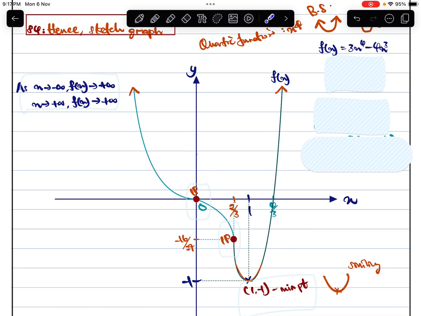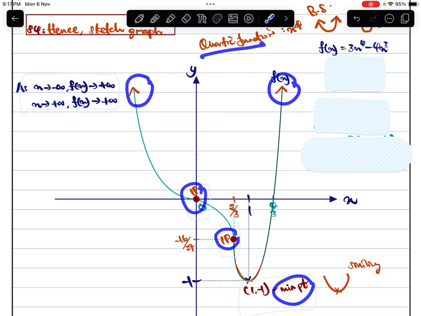That is the quartic graph that you will see. The kind of graph that you can draw perfectly if you understand where your inflection points are, and also your minimum point, and also the basic shape of the quartic function. Do you get me?